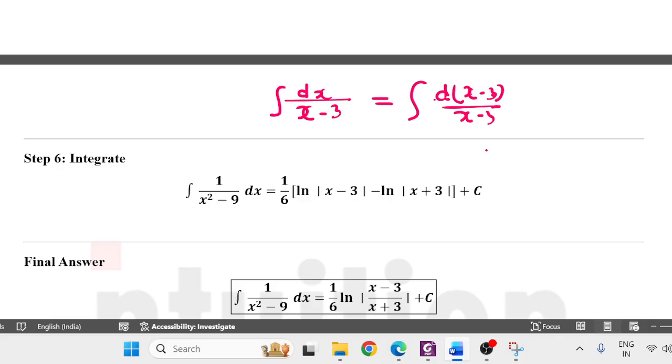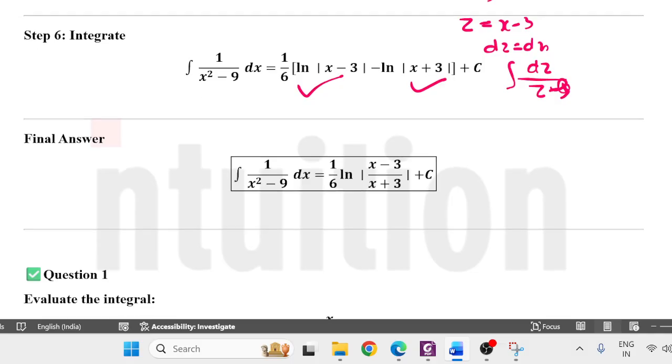Or as you do by putting z equal to x minus 3, so dz is equal to dx. So it is the integration of dz by z, which is log z. In that case, we get 1 by 6 of ln of x minus 3 minus ln of x plus 3.